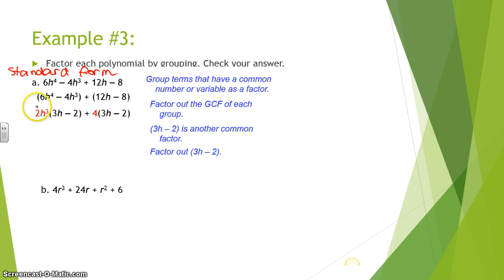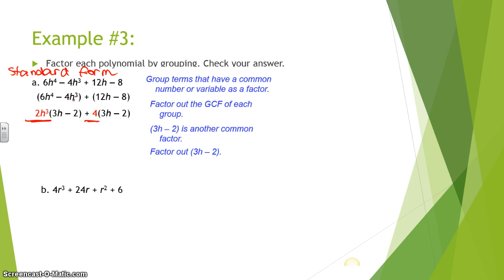Looking at the first set, it's going to be 2h^3, because 2 goes into 6 and 2 goes into 4, and since h^4 and h^3 both involve the variable h, we can pull out h^3. For the second part, 12h - 8, 4 goes into 12 and 4 goes into 8, so we can pull out a 4. So we factor out the greatest common factors of 2h^3 and 4.